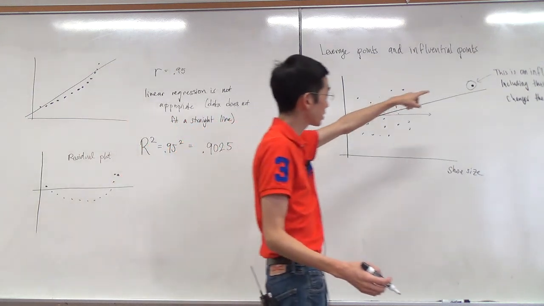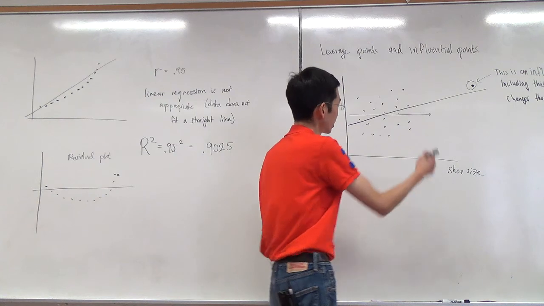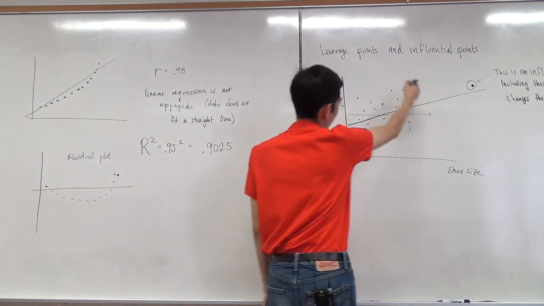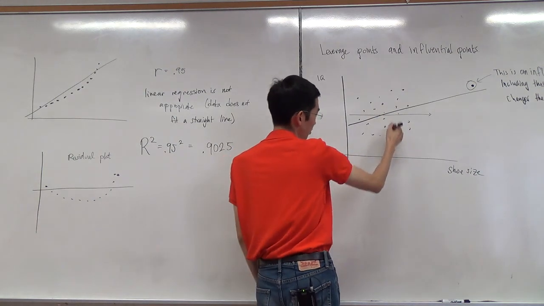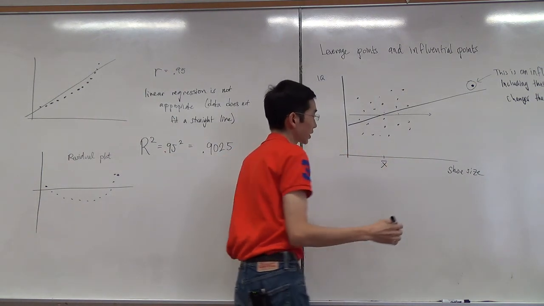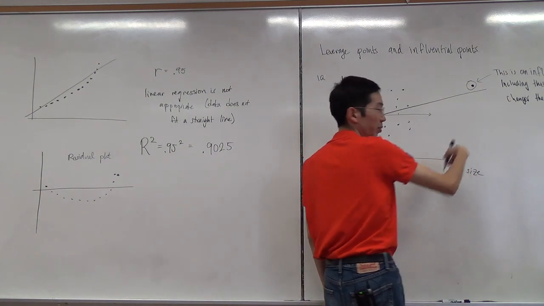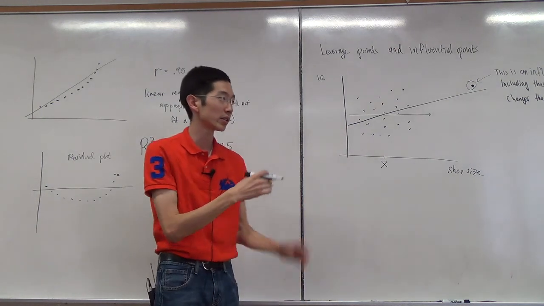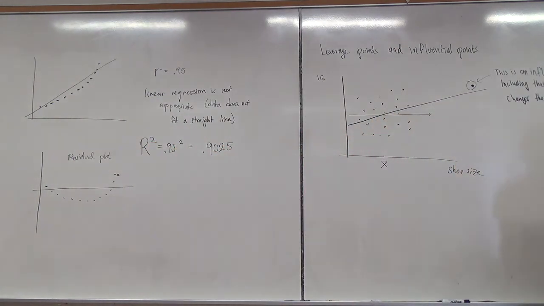Okay, part of the reason why this is influential is because it has what we call leverage. Okay, so if we look at the mean of x, just for these points, the mean of x would be somewhere around here, x bar. But then this guy is very far from the mean of x. So its distance from x bar is known as leverage.